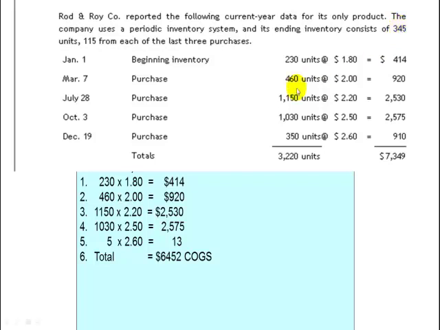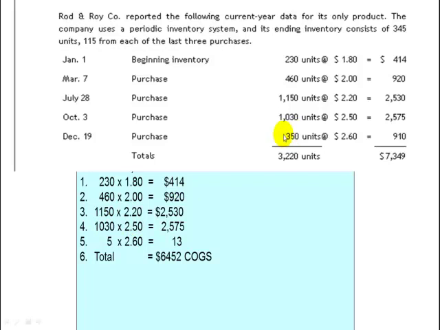So I have sold all of these, all these for $1.80 a piece. I've sold all 230 of these, and all of these, which is 1,150 units at $2.20 a piece. I've sold all of these, which is 1,030 units at $2.50 a piece.